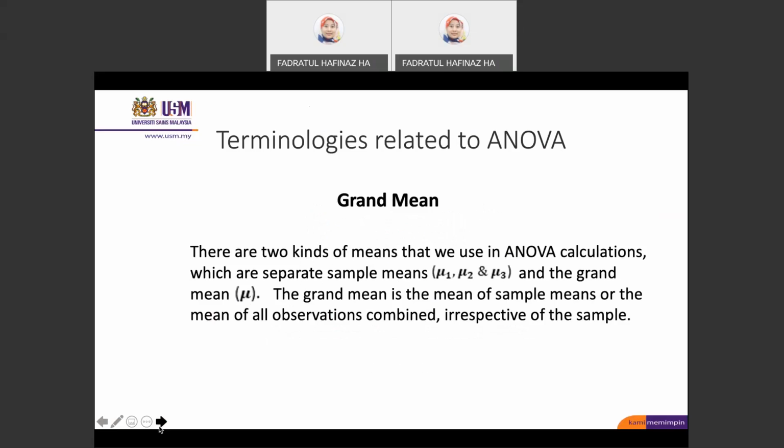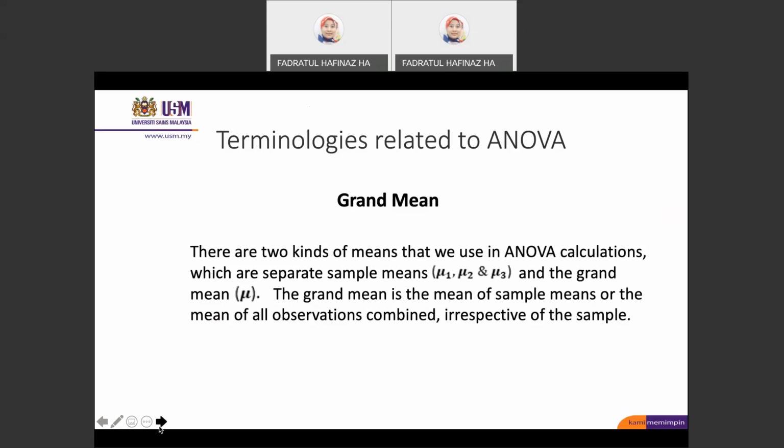Okay, so now let's go one by one through the terminologies related to ANOVA. The first one is the grand mean. Mean here is the arithmetic average of a range of values.